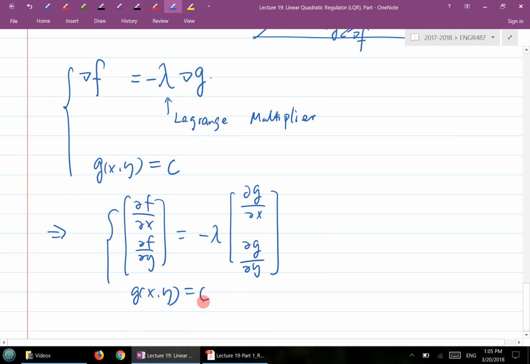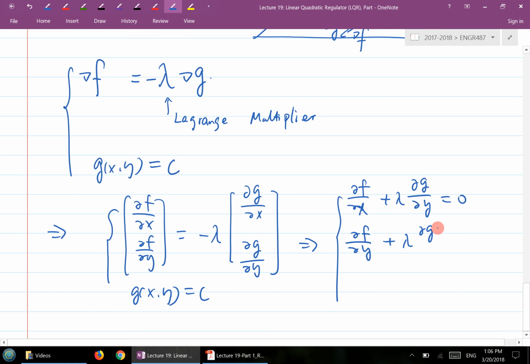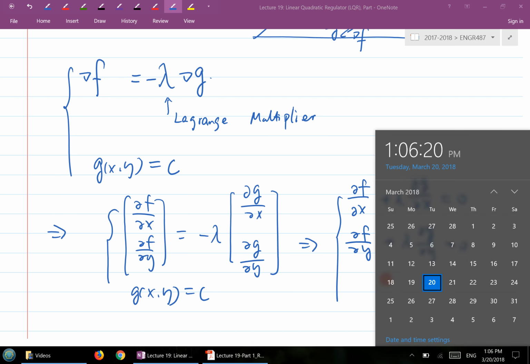That's what I mean by the three equations here. So you got partial f over partial x plus lambda partial g over partial x equal to 0, and partial f over partial y plus lambda partial g over partial y equal to 0. Those are the first two equations, and the last one is the constraint.